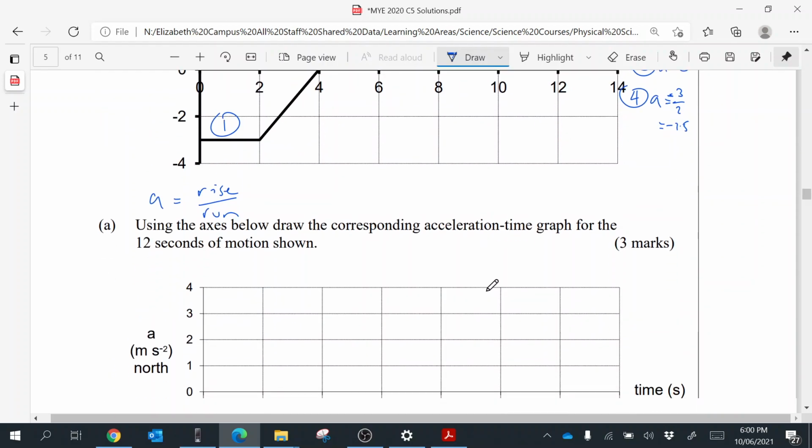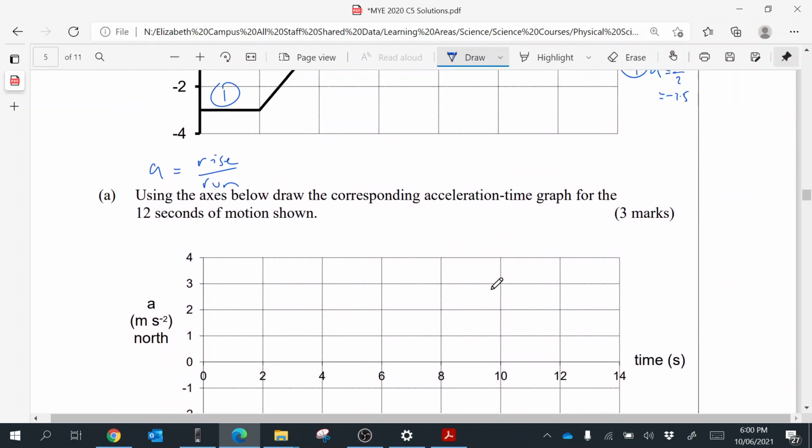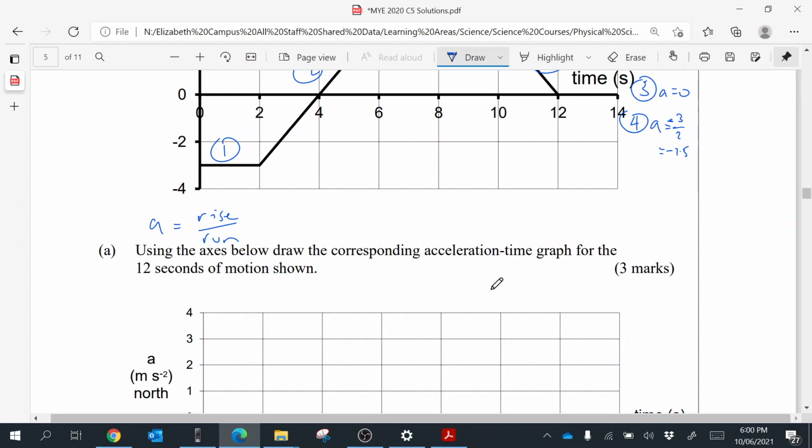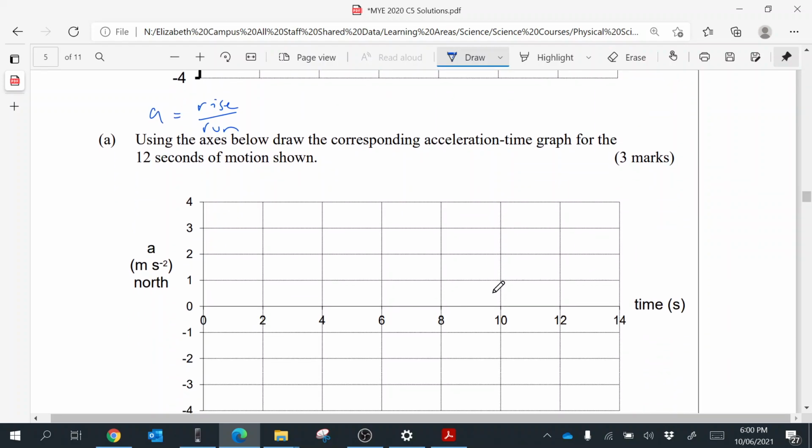Okay, so let's draw that in. Again, get a ruler. So for the first 2 seconds, a was equal to 0. Try and get that on the line if you can. That wasn't very good. See if I can do it better. Hopefully you can do this faster just with pen and paper, and straighter.